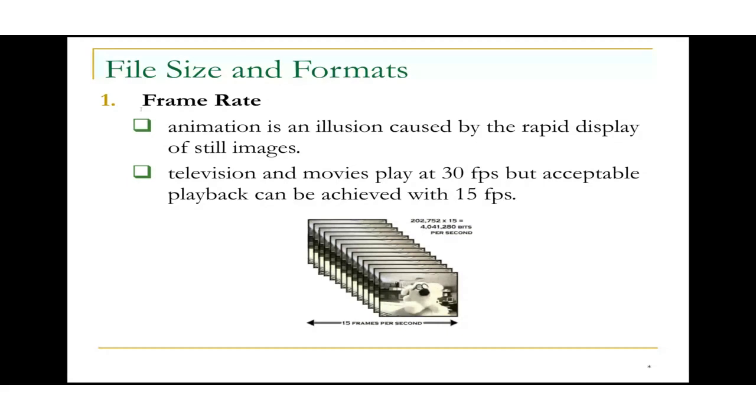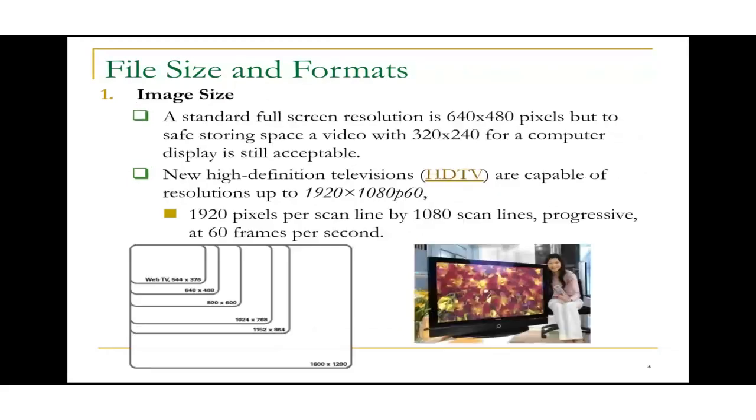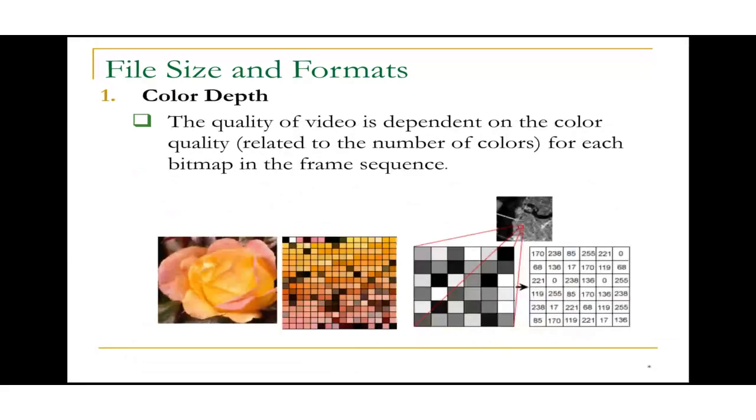Then, as we have said, each of these images, what is its size? What is the size of each of these images that we are now displaying at a very high speed across our eyes on the screen? And then finally, of course, as we have said, the color depth.